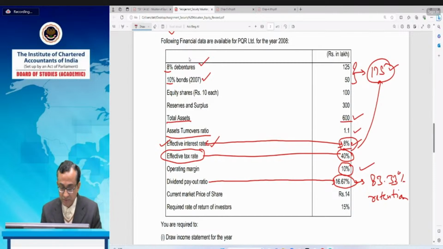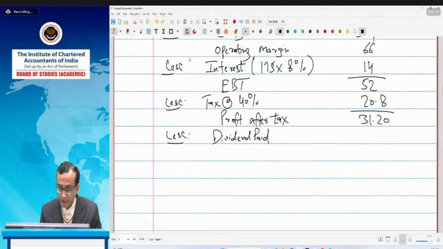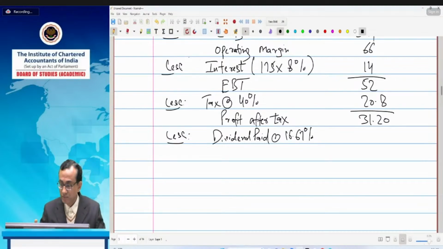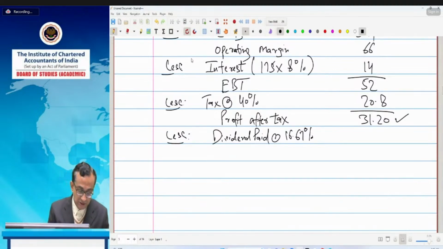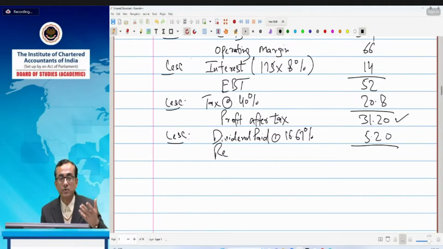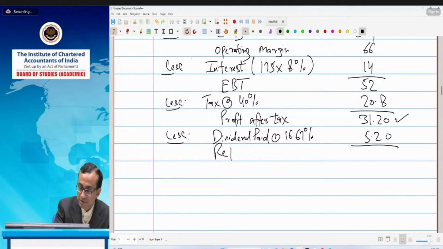But dividend is 16.67%. So we have to calculate dividend paid at the rate of 16.67%. So we will calculate 31.20 into 16.67%, which is 5.20. So the rest of the amount after deducting the dividend from the profit will be retained earnings.